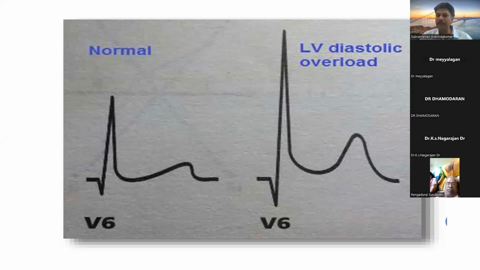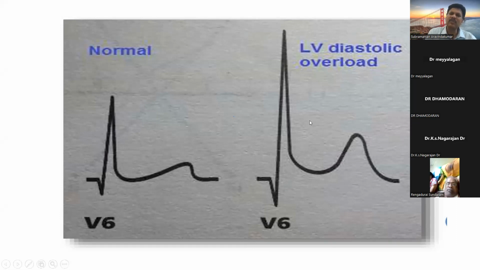It is only deep, not wider, so that is not pathological. It is not an infarct-related Q wave. It is only a deep, narrow Q wave and a slight appearance of ST elevation. And there is going to be a concavity upwards and an upright T wave. So this is what you find in a diastolic overload.